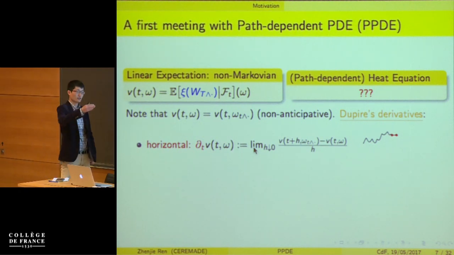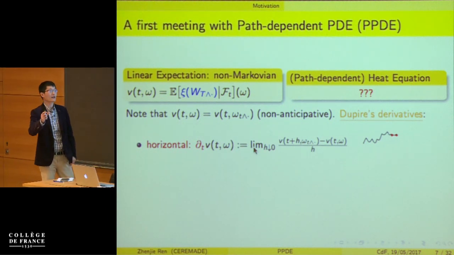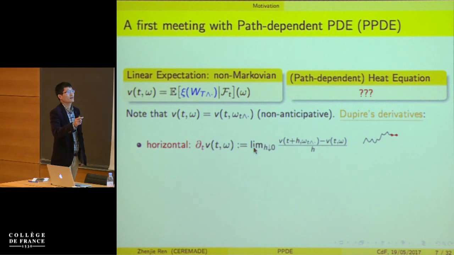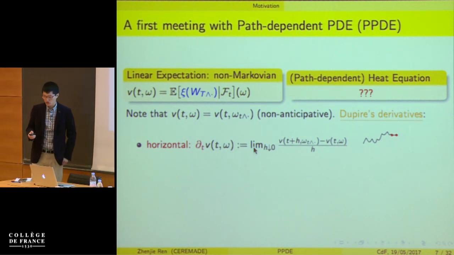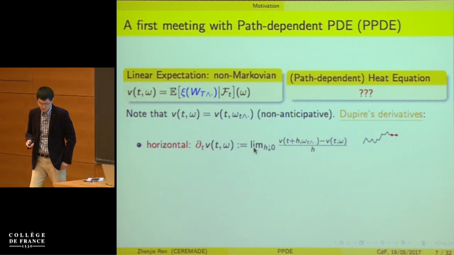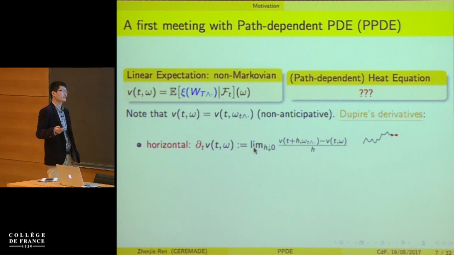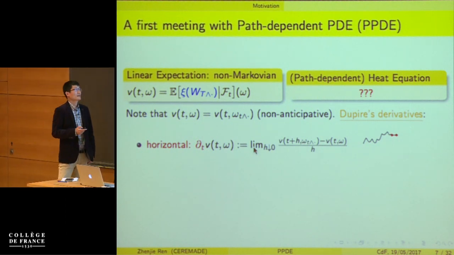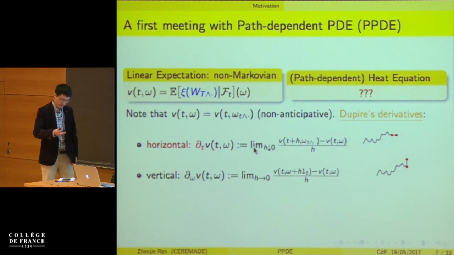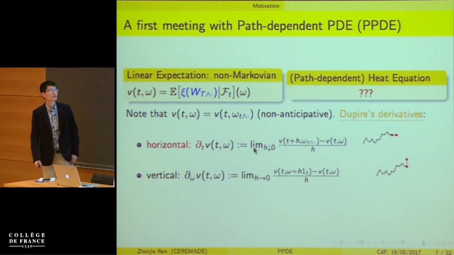Then we make a little perturbation by extending the path with a flat tail after time t till time t plus h. By doing such a perturbation, we consider this limit and define it as the horizontal derivative. And then there's, of course, another derivative with respect to omega, which we call the vertical derivative.